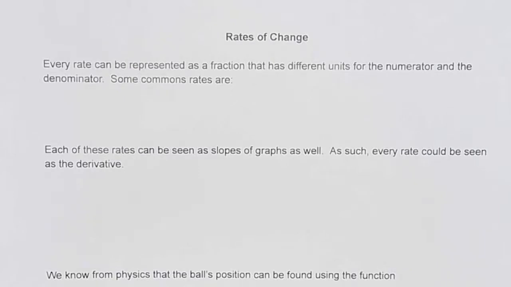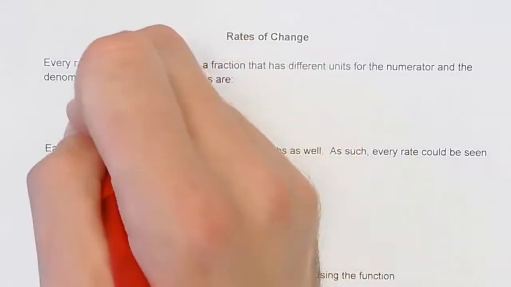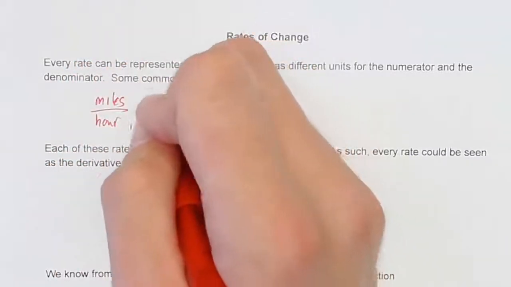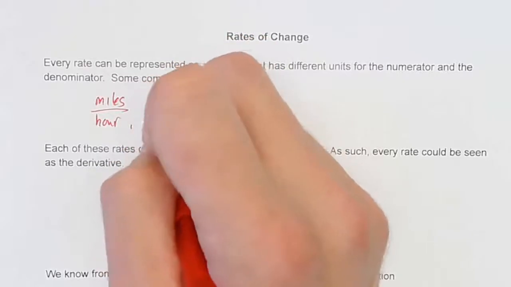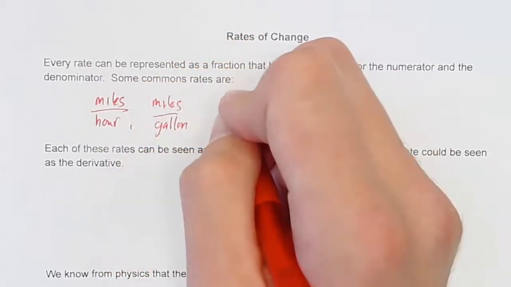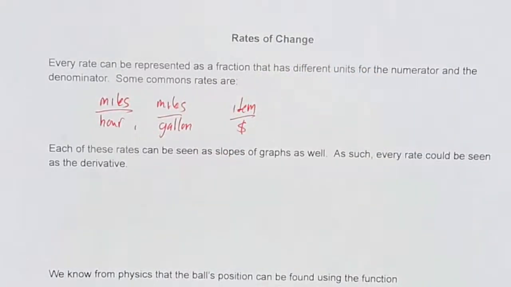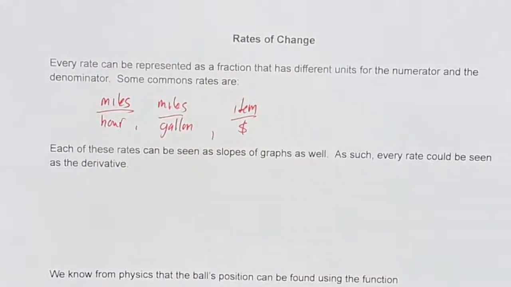So what does that have to do with rates of change? Well, a rate of change is a fraction that has a different unit for the numerator and denominator, like miles per hour, or miles per gallon, or items per dollar, or whatever you want to write.